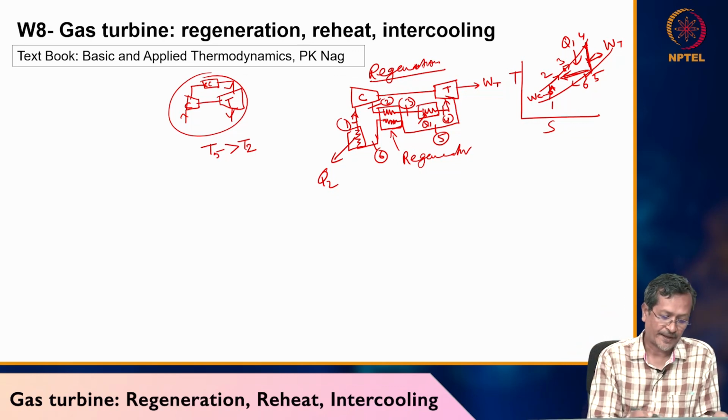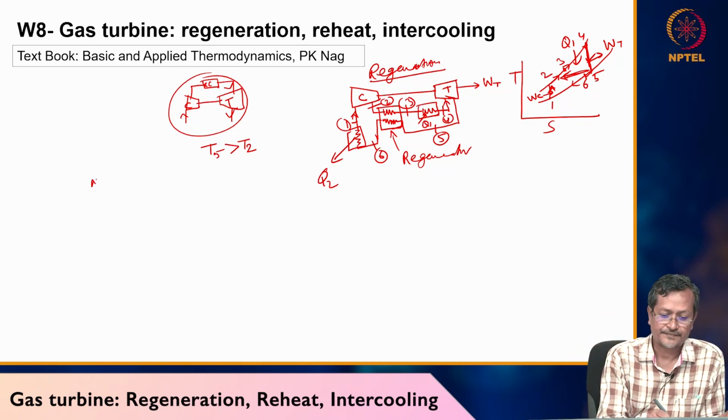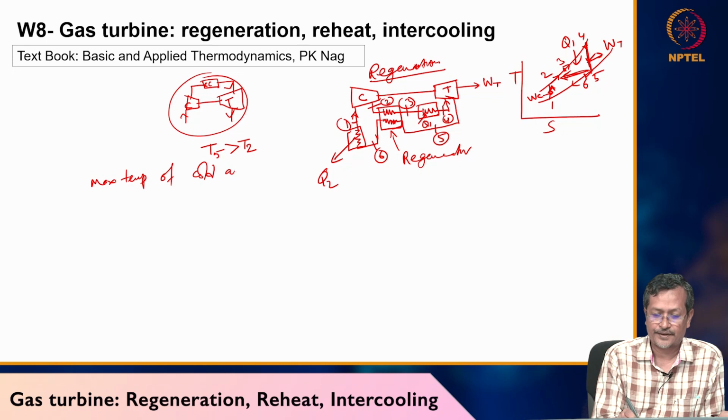Now, the maximum temperature the cold air at 2 can be heated to is the temperature of the air at 5.